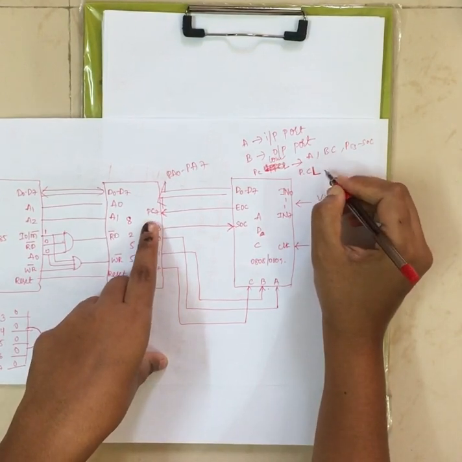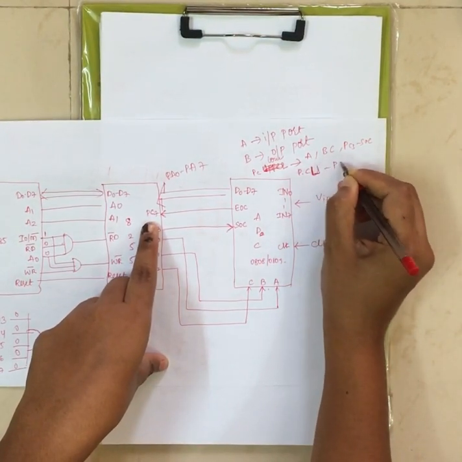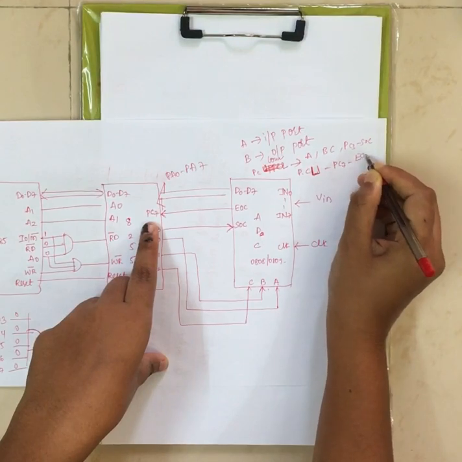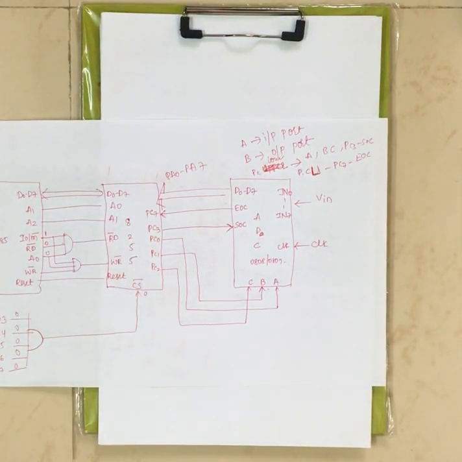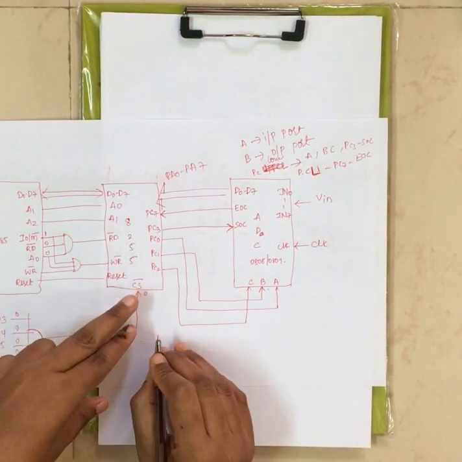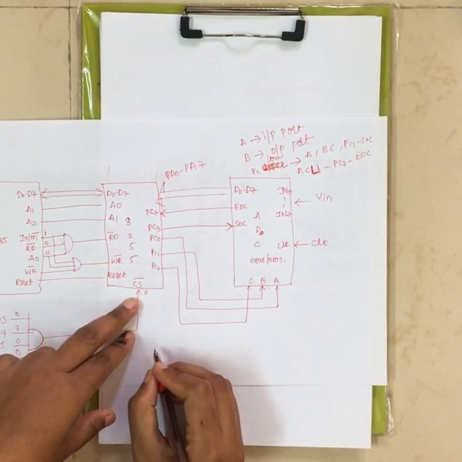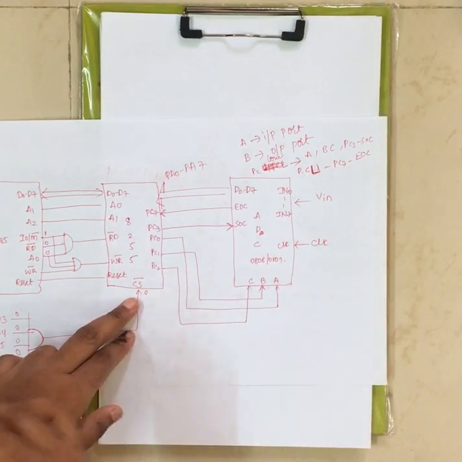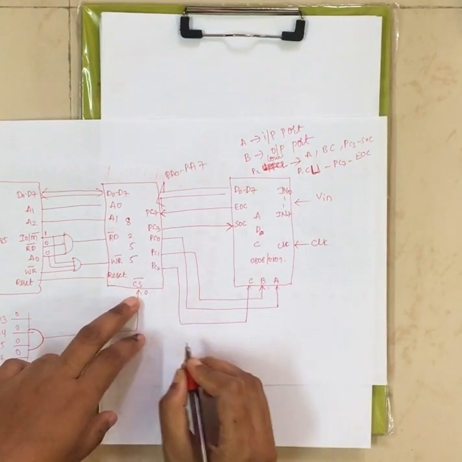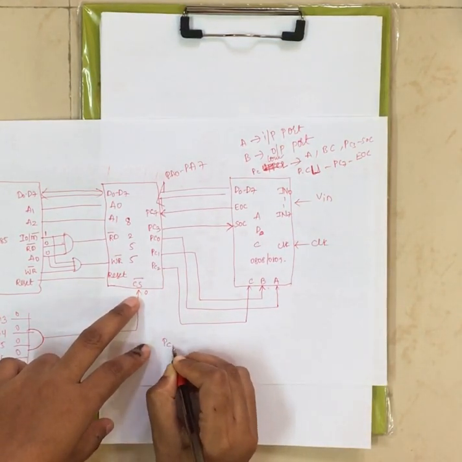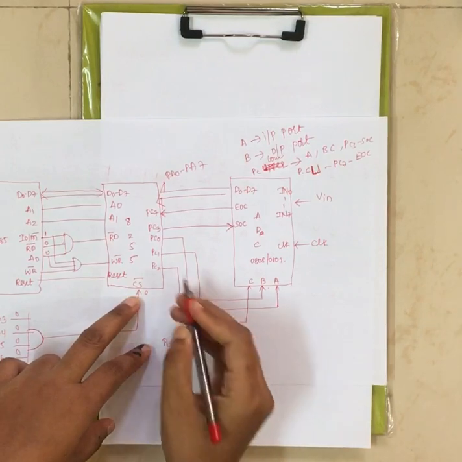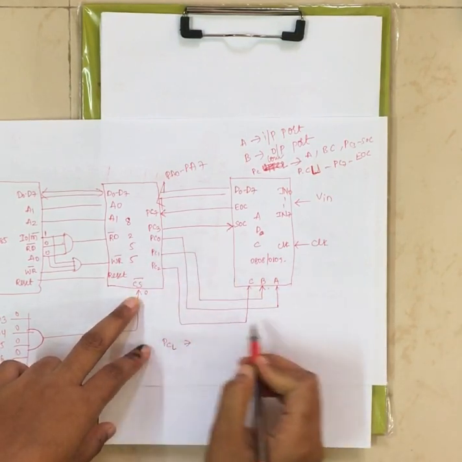Now port C upper line PC7 is connected to EOC. Here A is reading the data, A is an input port. Now for B, let us assume it is doing some output operation. Port C lower, PCL I am representing here, is writing the data.